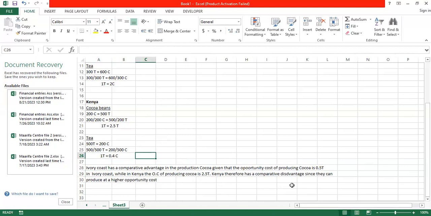What we just said there, we basically just did vice versa. Now we are starting with Kenya. Kenya has a comparative advantage in the production of tea, given that.